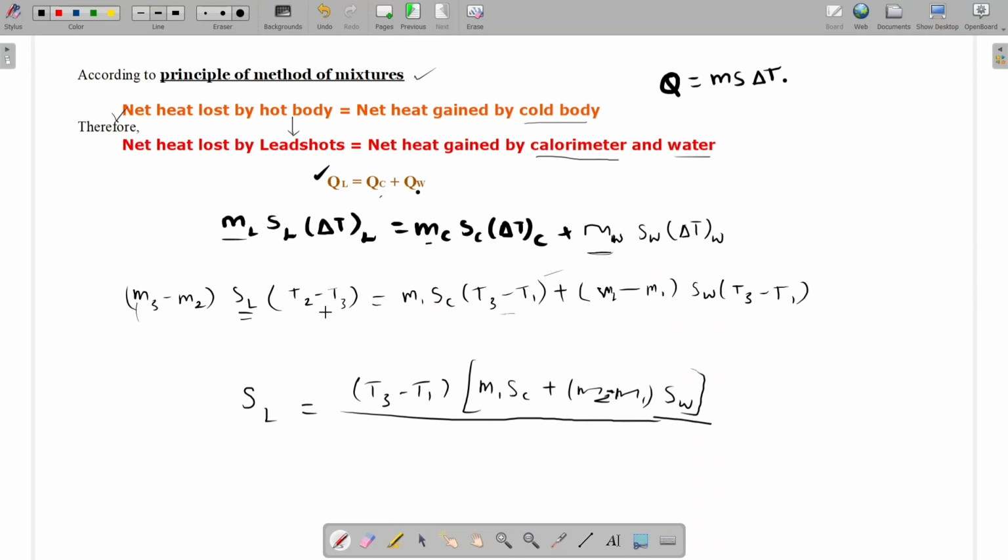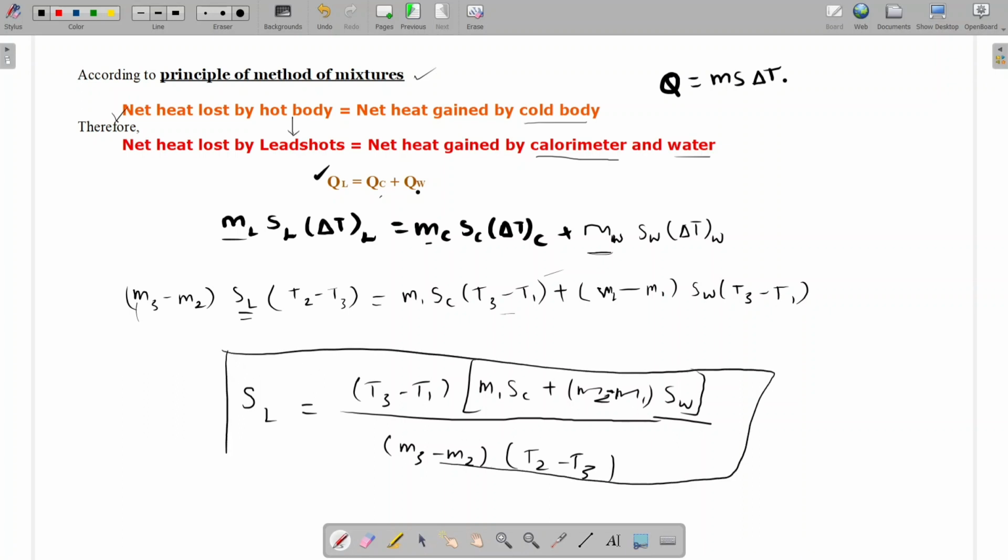Coming to these two, here they are multiplying, so if they come to this side they will divide. So it is M3 minus M2 into T2 minus T3. So this is the formula obtained to find the specific heat of lead shots.